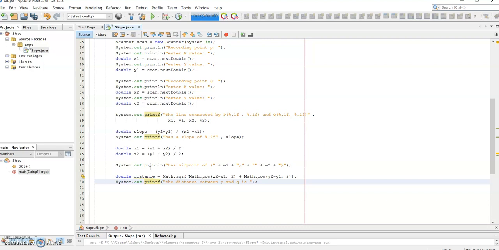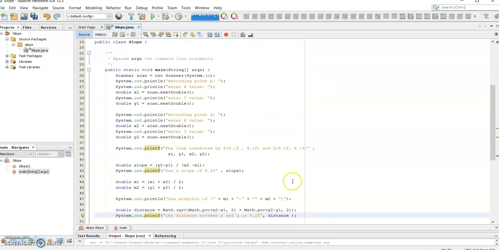Let's make it 2 decimal points. Percentage dot 2f. Okay, comma, distance. You can also display it with println, easier, right? Just put a plus here. Anyway, okay, yeah, that's it.